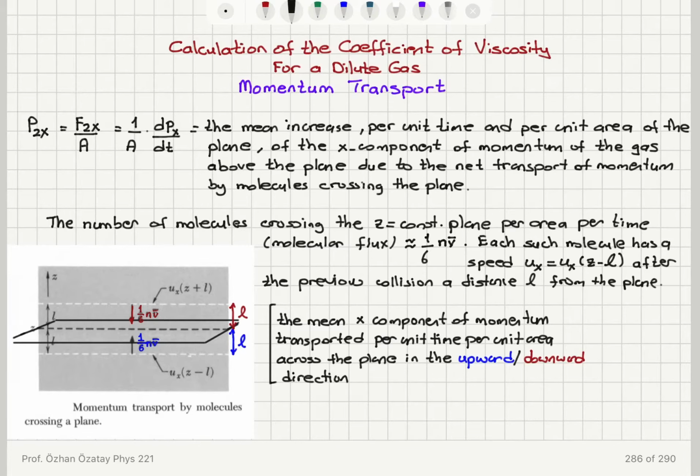So what is this momentum that we're transporting across the plane in the upward and downward directions?